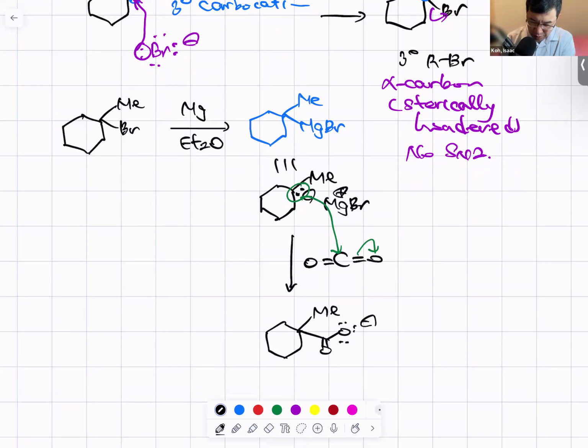And then with acidic workup, it will be protonated, forming the final product.